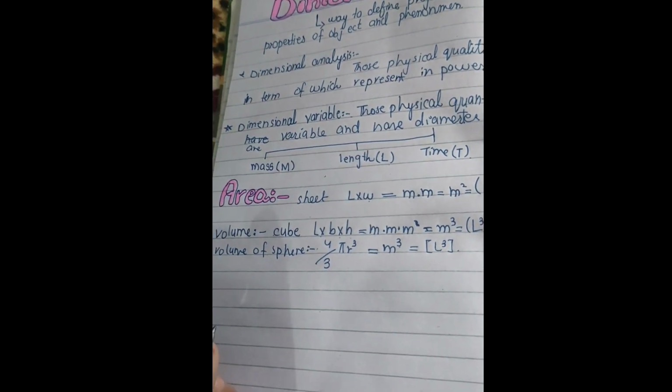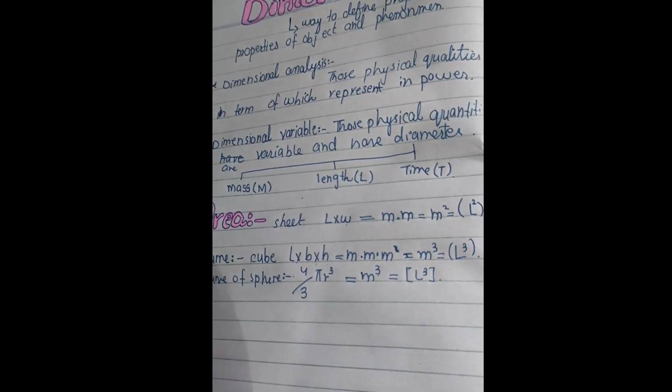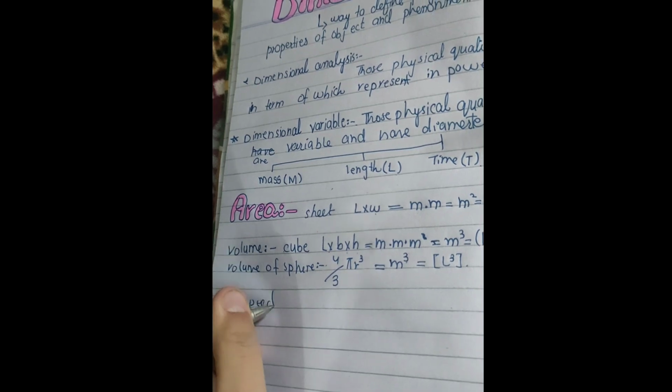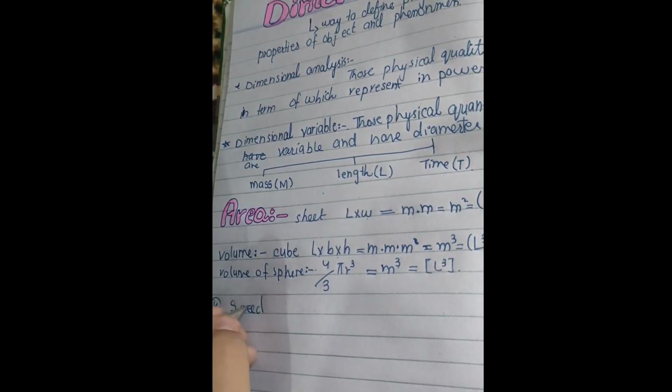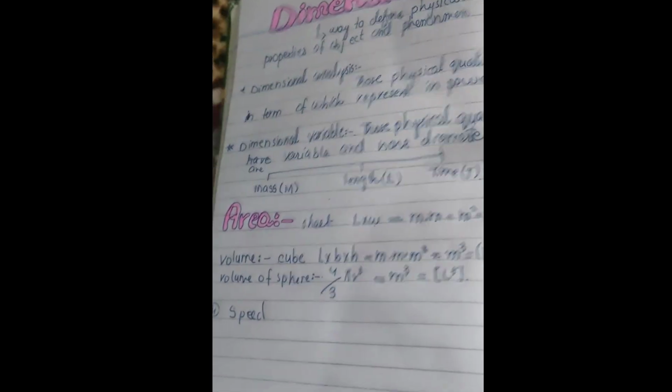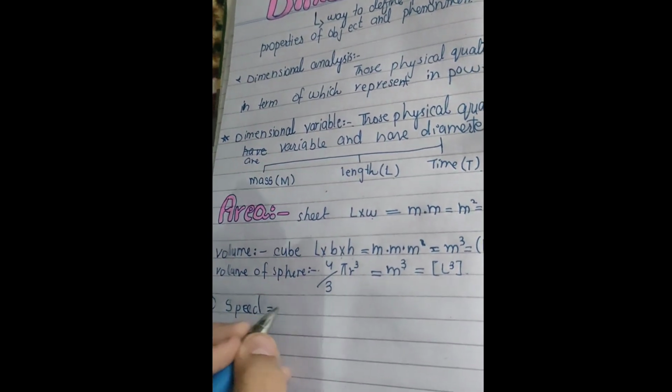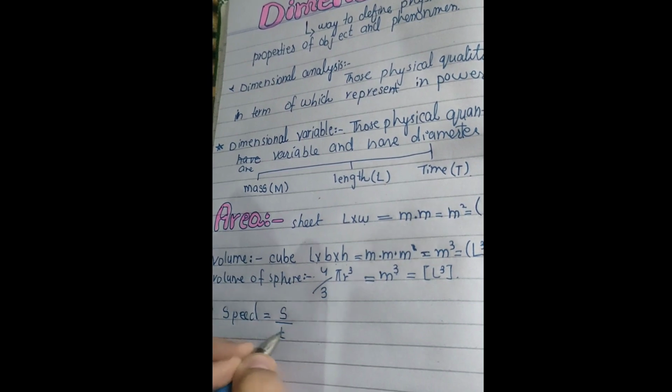Now we have the fourth one, that is speed. The formula of speed is basically distance traveled upon time taken.